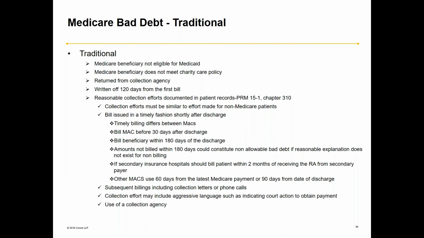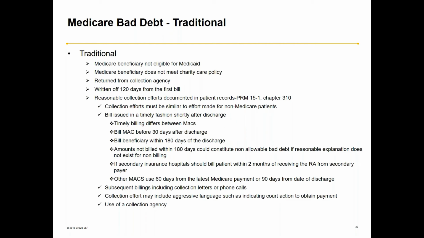So if you turn over your bad debts to the collection agency, when you bring them back to be able to claim them, you have to bring back all of them. So not just Medicare bad debts. Your policy has to be that you're bringing them all back after, maybe it's 240 days, that is at a collection agency and nothing's been collected on it.